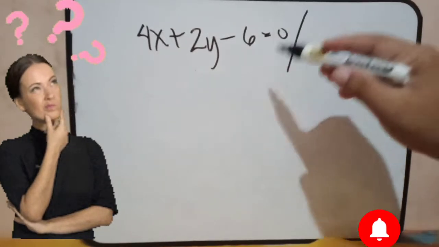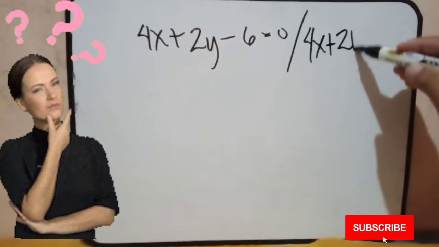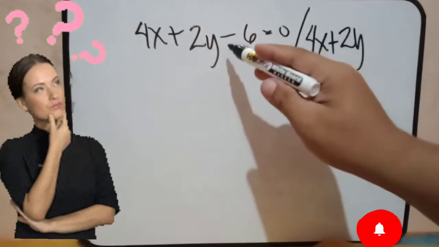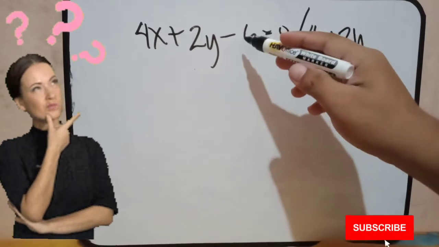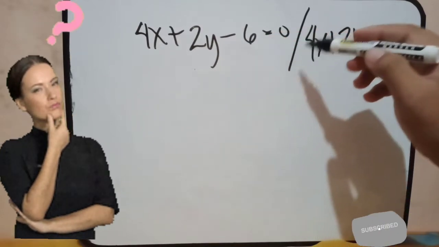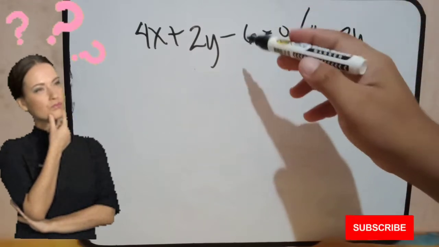So you have to copy 4x plus 2y. Since it's minus 6, you have to transpose the negative 6 to the other side, and once you transpose a number, the sign must be changed.